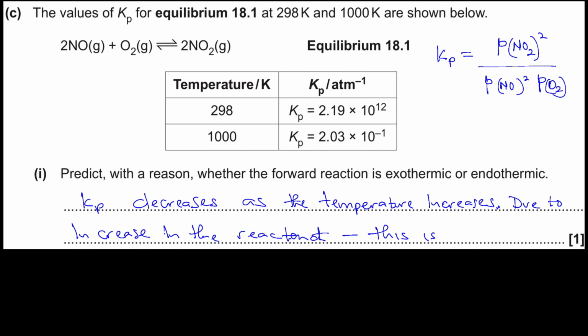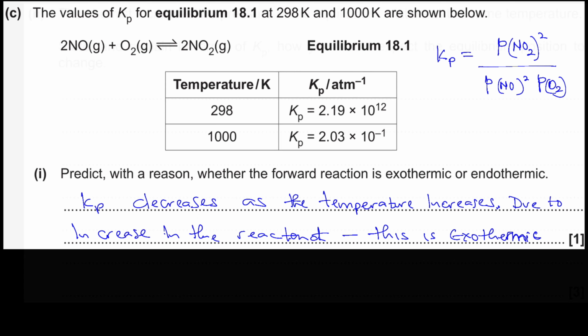This is exothermic. This can only happen in exothermic reaction, where the forward reaction is favored by the decrease in temperature. But the temperature has increased, that favors the backward reaction, which is what's happening here, and so that's exothermic.